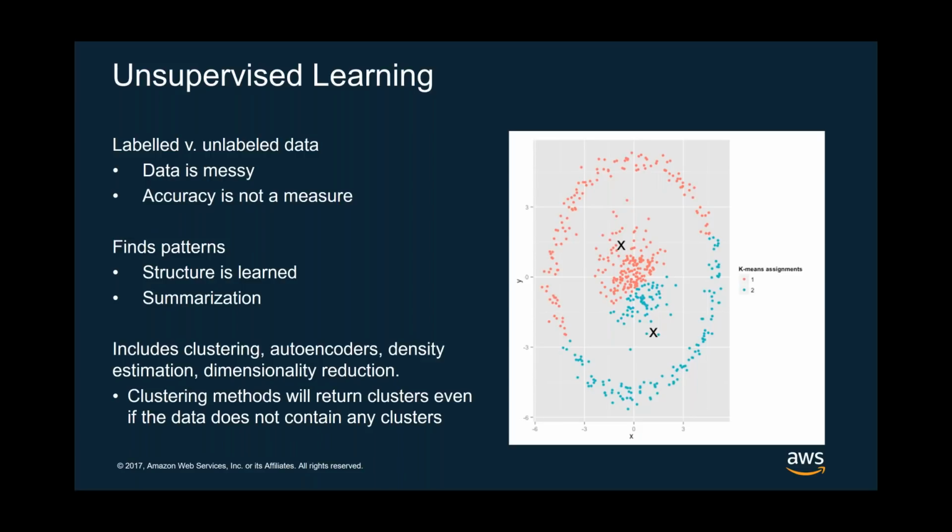For classification and some of our other methods, the principal measurement, the absolute score, is accuracy, sometimes to thousandths of a percentage. Not so much with unsupervised learning. We're really looking for patterns. When we're using unsupervised techniques, structure is learned by the methods themselves. And typically, we will summarize data and go through the data in a way that produces more insights, as opposed to focusing down on individual discoveries.